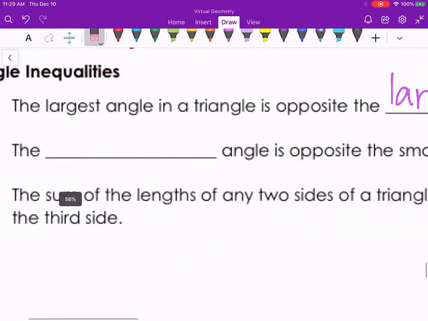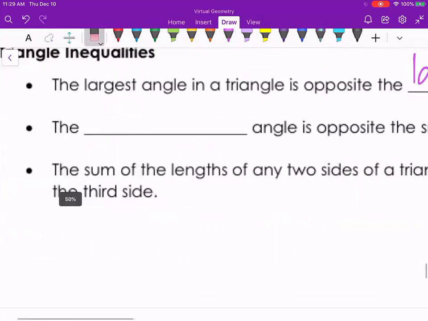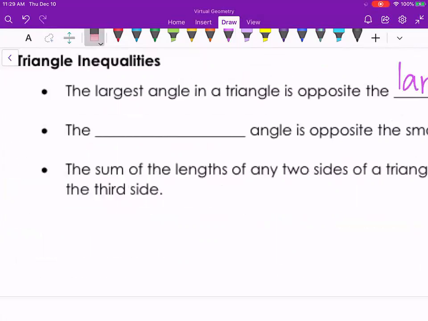Okay, and the smallest angle is across from the smallest side.